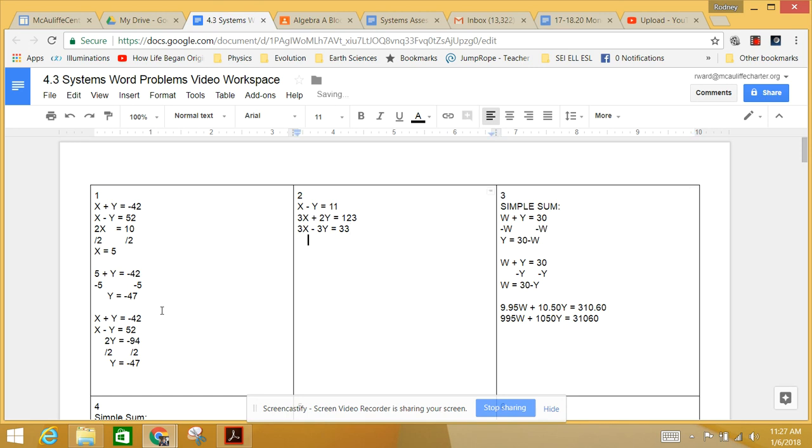The x's will go away. I'll have 5y equals 123 minus 33, which is 90. So I divide both sides by 5, and y equals 18.